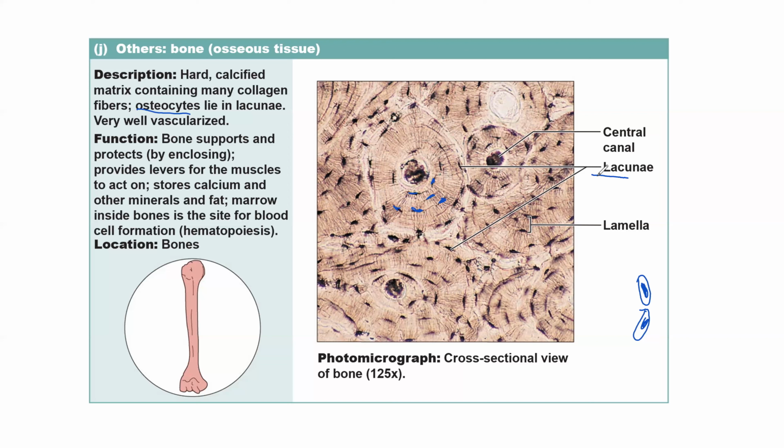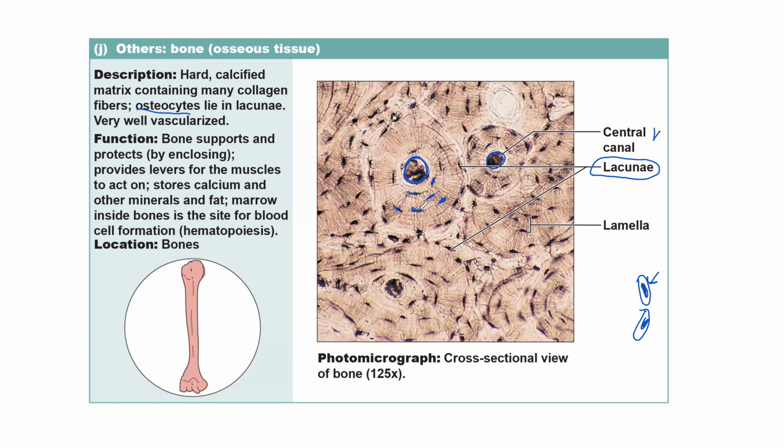But in this slide, you only see labeled lacunae because the magnification is not very large, so you don't see cells inside. You need way better magnification to see an osteocyte inside the lacunae. And then we have this circular structure in the middle called the central canal.